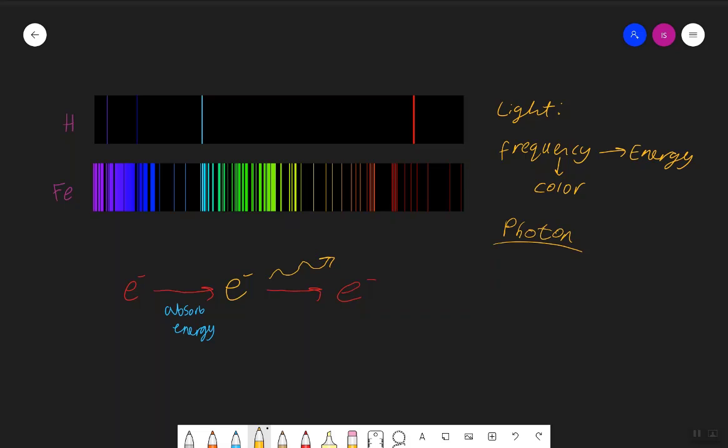But what the atomic spectra really tell us is that the electrons in an atom can only have certain energies. So I'll show you an example of this very simply with hydrogen, where we have an energy diagram, and we could have certain energy levels. We could have this energy level, this one, this one, this one, this one.